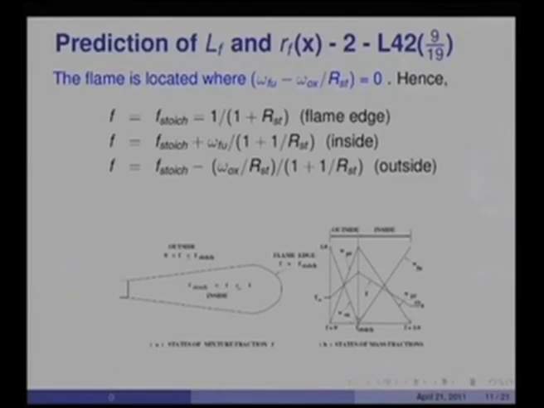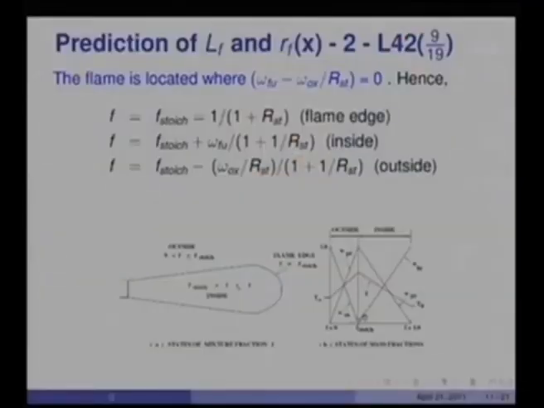Now, of course, ω_fu − ω_ox/RST need not necessarily be single valued. There can be a range of values of ω_fu and ω_ox where the difference ω_fu − ω_ox/RST is equal to 0.